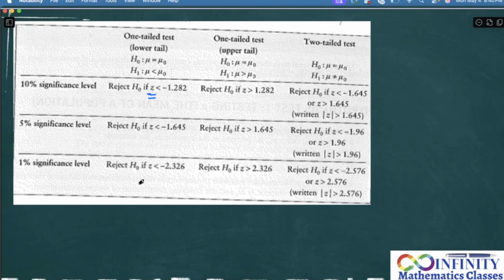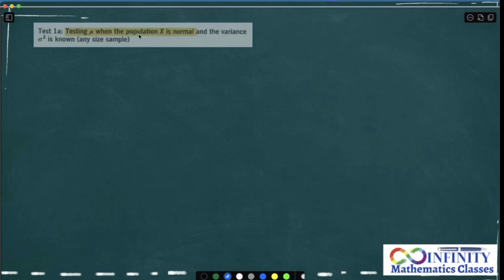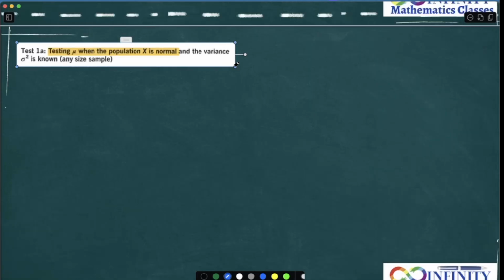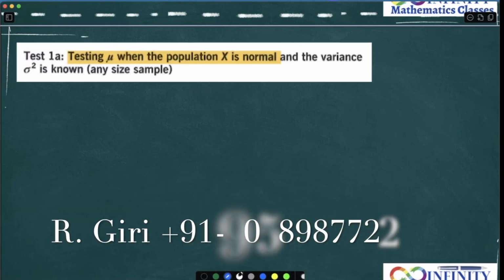So the situation for the first case I'm going to discuss is, you need to talk about the mean. The situation here will be the following: testing mu when the population X is normal and the variance is known.